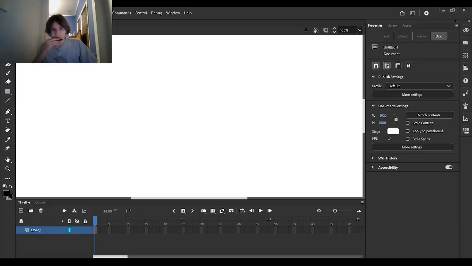The next part of animation that is important is keyframing. Basically, since I have all these key parts of my animation, I'm just going to transfer these into the software.